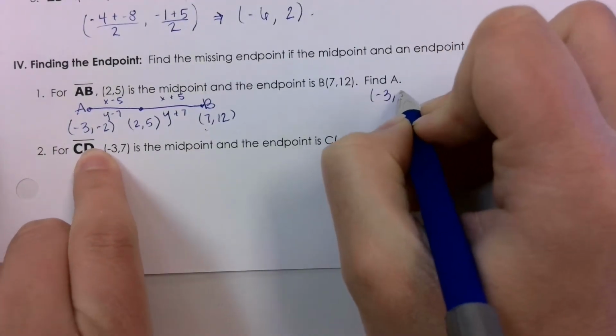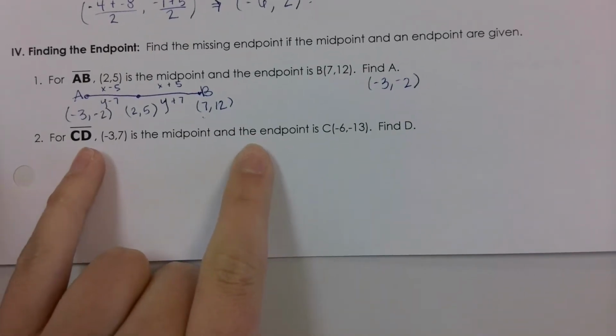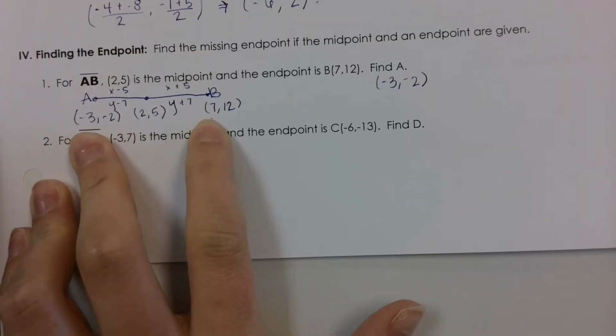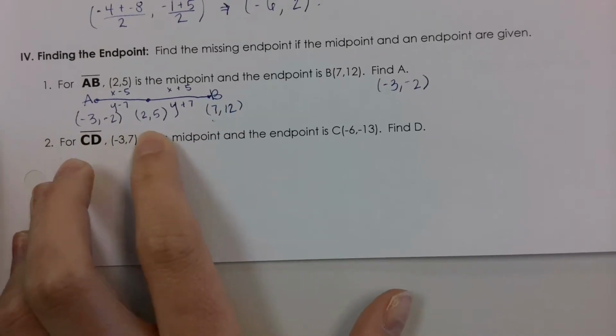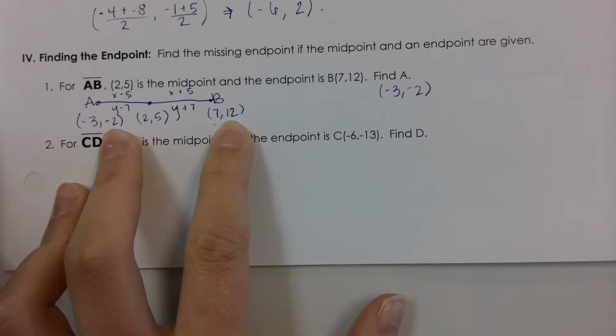I'm going to write that over here because it's a little hard to see where I have it. Is that okay? How can we double check that we are for sure right? Find the midpoint between A and B. So let's do that real quick. What's 7 plus -3? 4. And 4 divided by 2? 2. So that checks out. And what's 12 plus -2? 10. 10 divided by 2? 5.